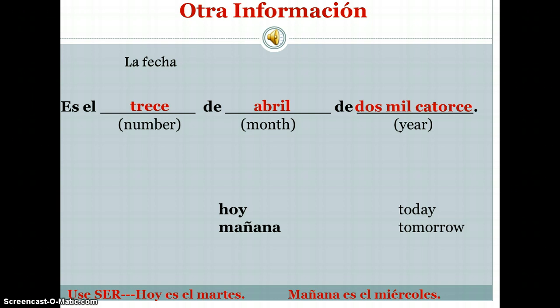Once again, notice we're using the verb ser. Hoy es el martes, mañana es el miércoles, or hoy es el 13 de abril, or mañana es el 14 de abril.